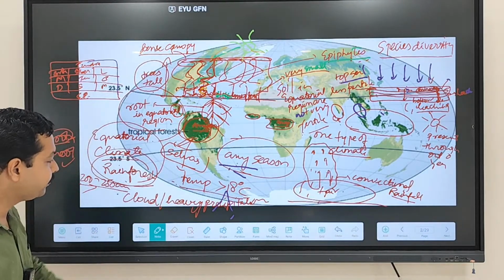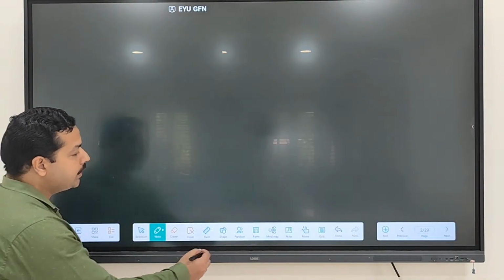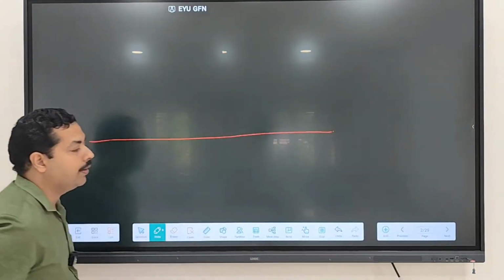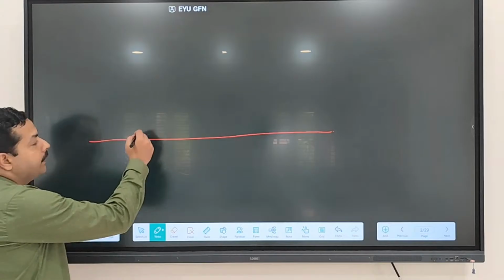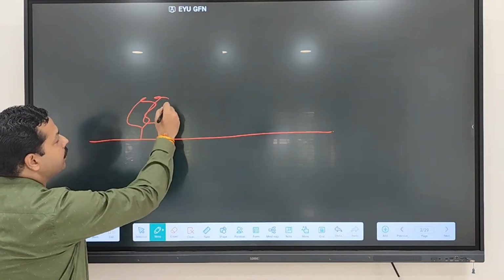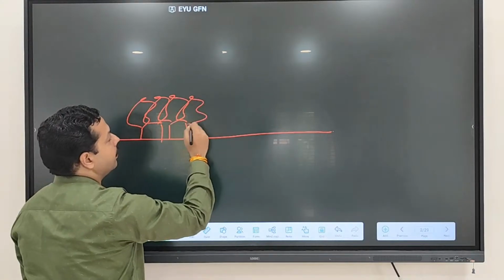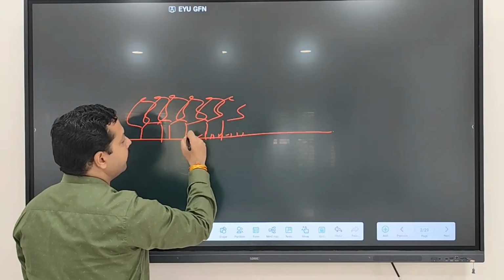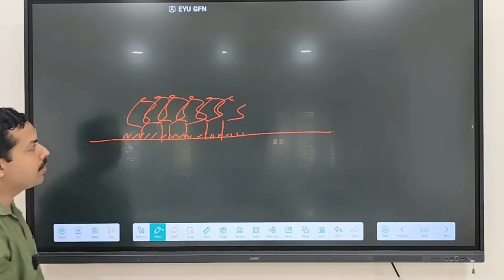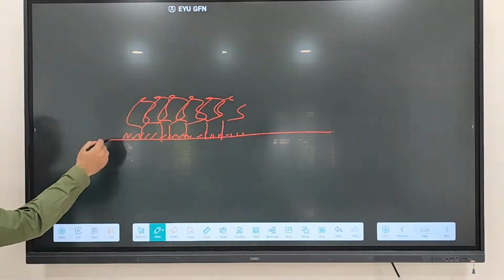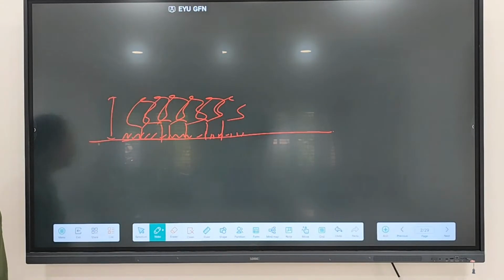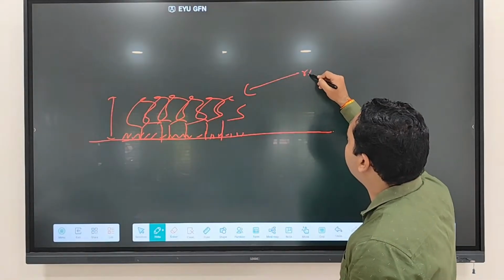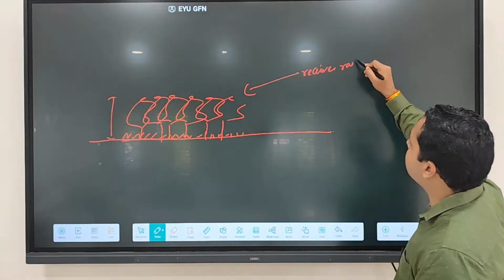Now, other than this, what you're going to find is that the trees are very tall, and the dense canopy is also found at the bottom. Clear? They also receive rainfall throughout the year.